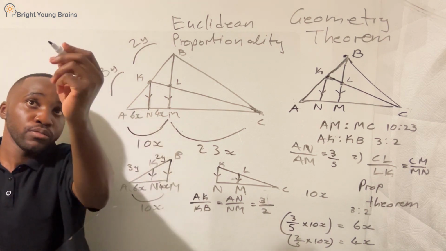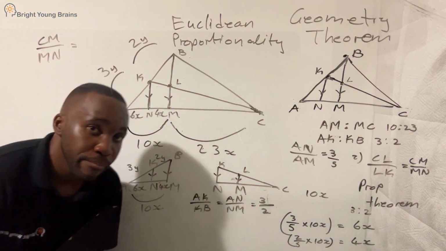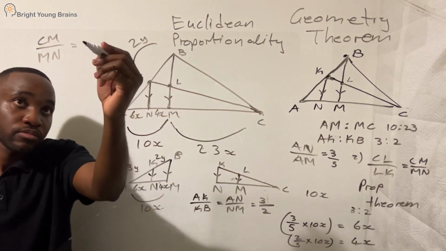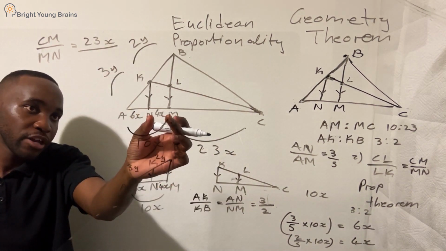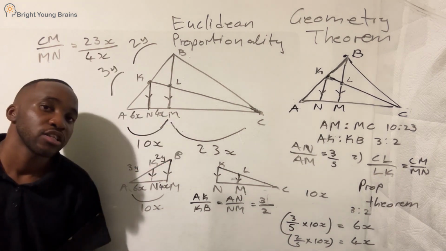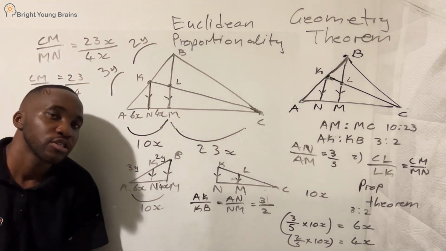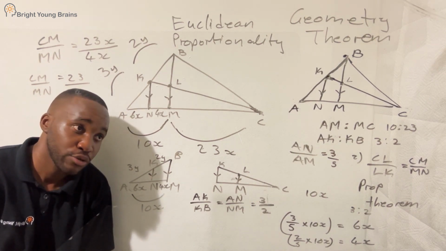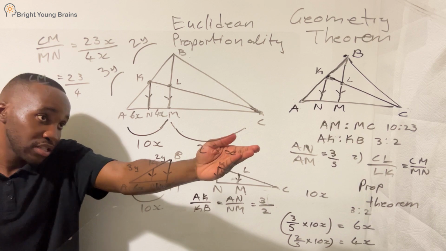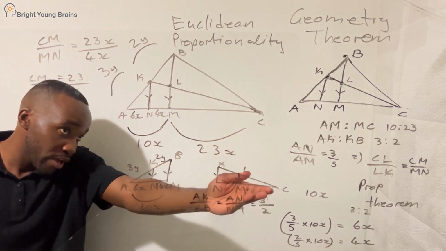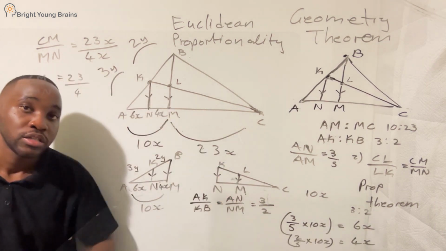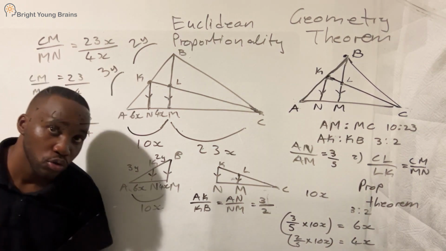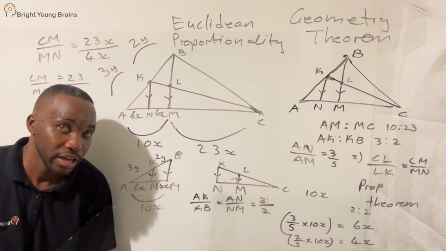So what we now know is that CM over MN is just this whole line here over the MN here, which is just 4x. The x's cancel each other out, and this is your final answer. We already showed that CL over LK is equal to CM over MN, so whatever this is is also what CL over LK is.